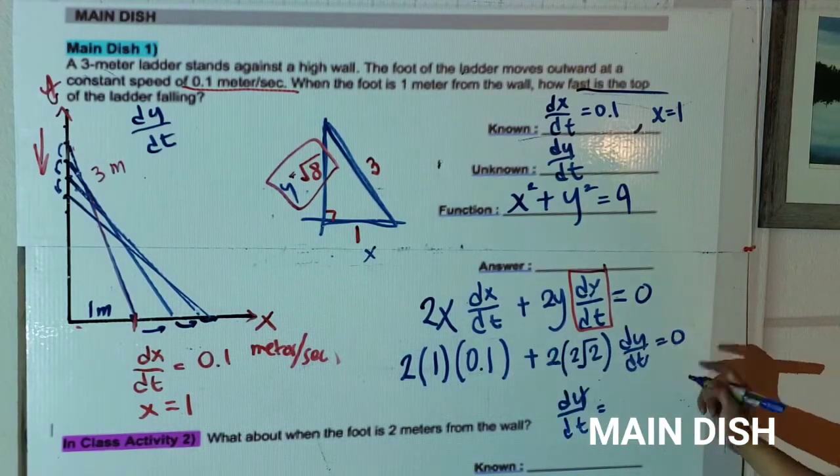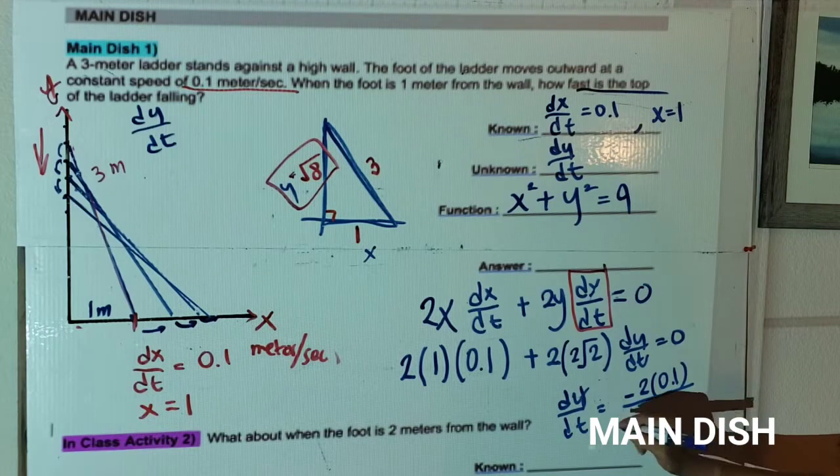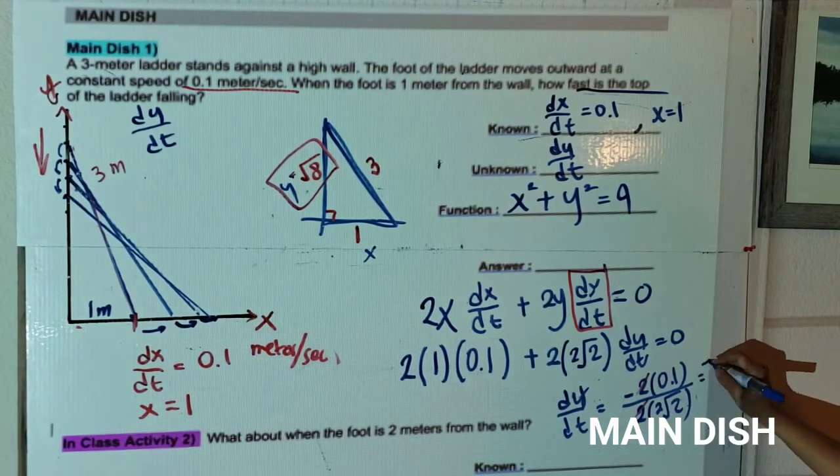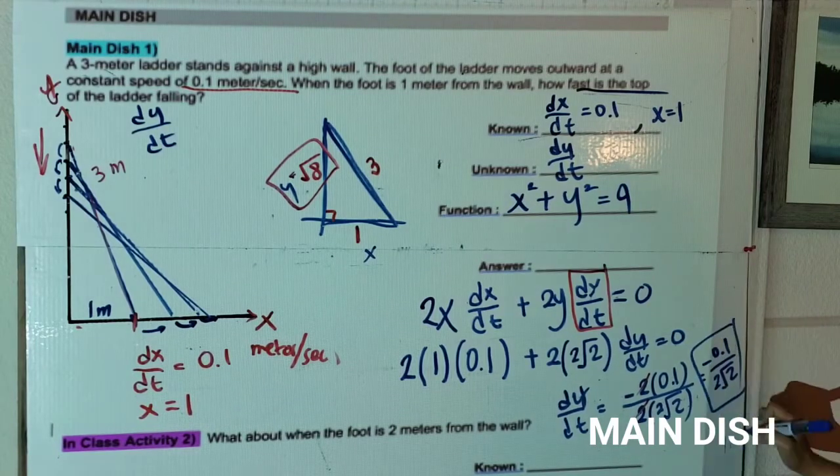So we can just leave dy/dt and move everything to the other side. So I get negative 2 times 0.1 divided by 2 square root 2. So I get the answer negative 0.1 over 2 square root 2. Okay. So you can punch this into the calculator.